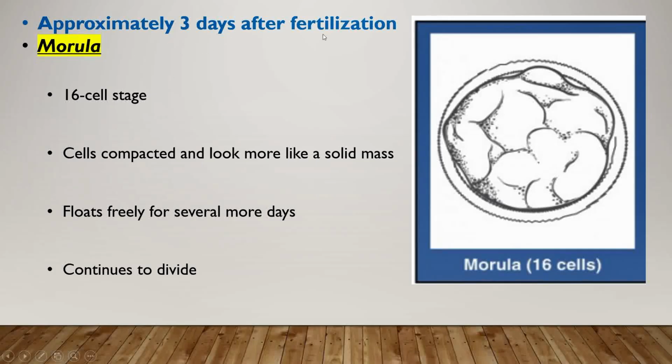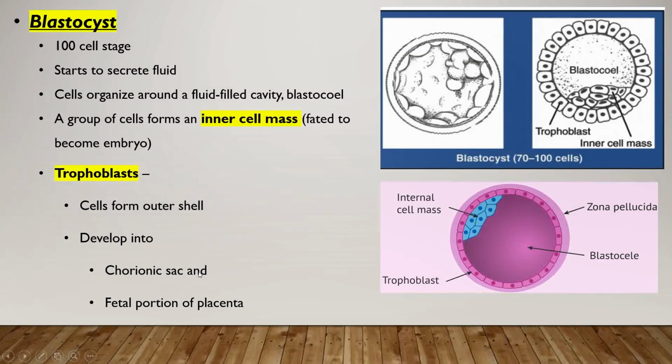Approximately after 3 days of fertilization, there is the 16 cell stage, which is known as morula, and the cells are compacted and they look more like a solid mass. They float freely for several more days, but they still continue to divide.